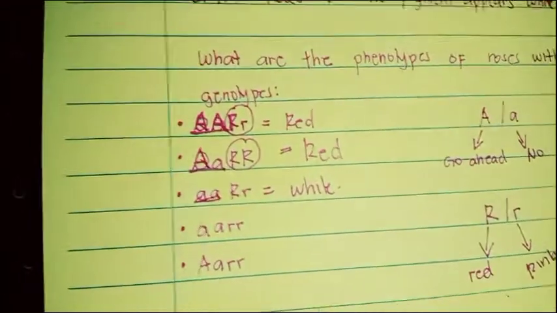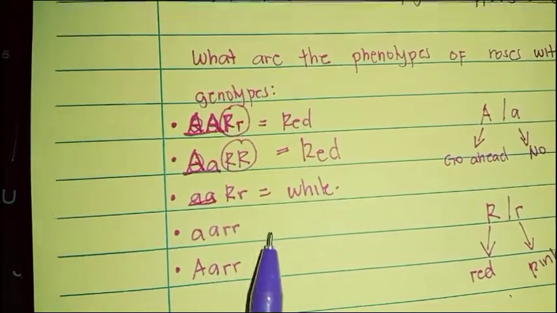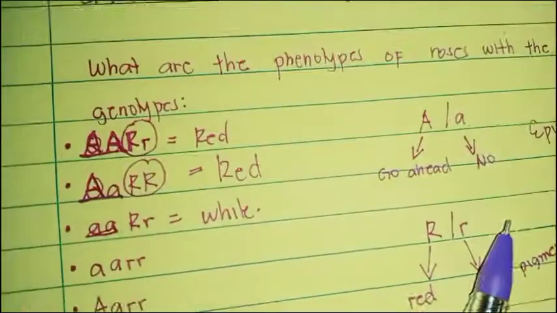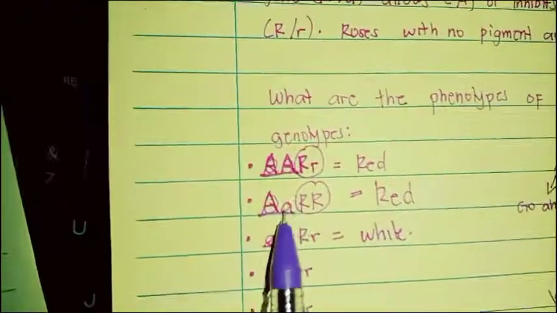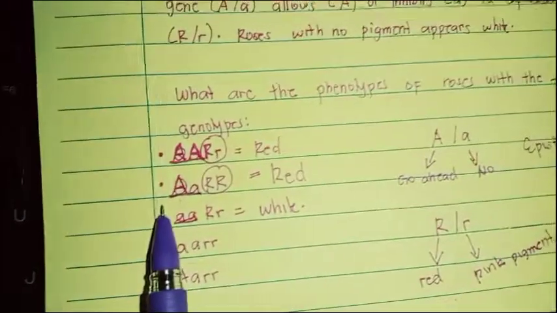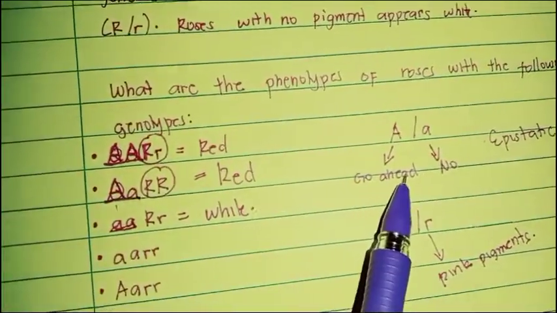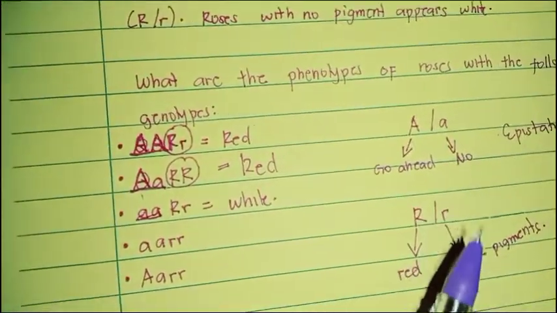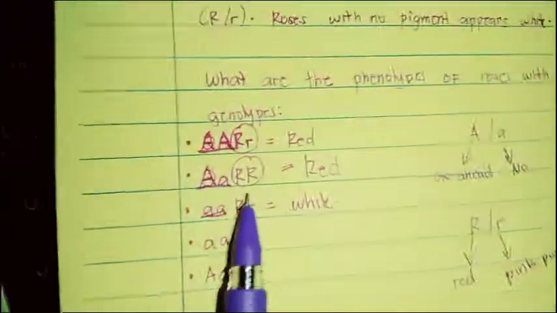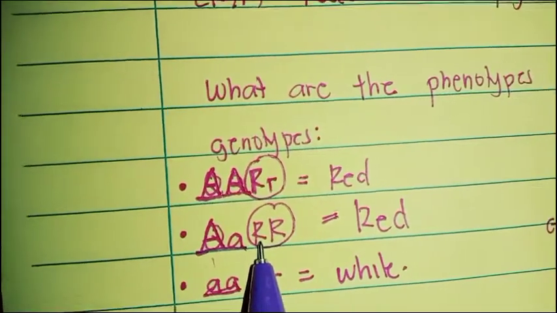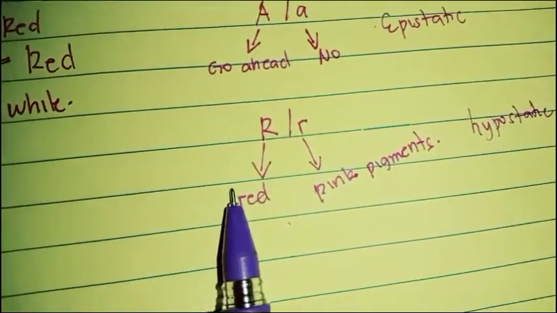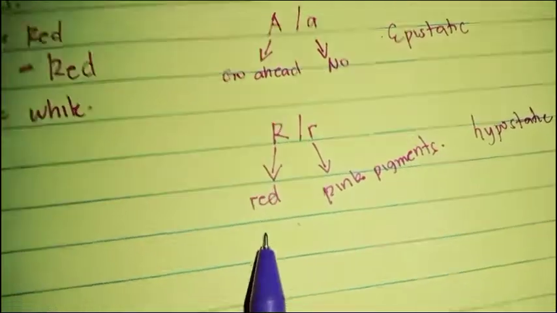So in the second example, again we start by checking our epistatic illustration. As we can see here, a big capital A means go ahead. That means it is dominant, and we will look forward to the next gene, which is a big letter R. In our epistatic gene illustration, the big letter R means red.